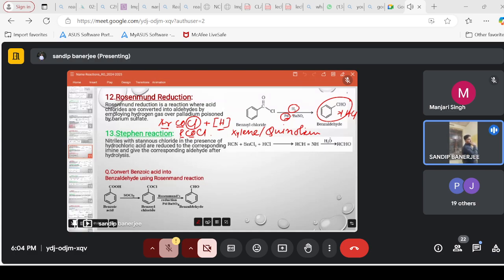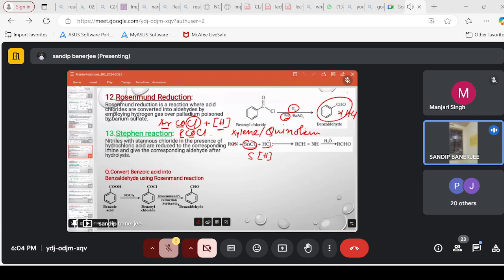Now, Stephen reaction is the same thing. Mechanism is not essential. You only have to go with the reaction. By the Stephen reaction, with aliphatic or aromatic, you can get the aldehyde, but the starting reagent is a Lewis acid, stannous chloride with HCl. In the first stage, SnCl2 will trap the chlorine, the same Lewis acidity theory, and will generate the nascent hydrogen, which will attack this polar RCN system.